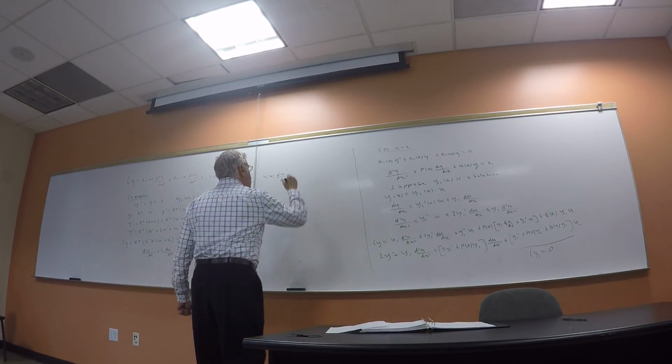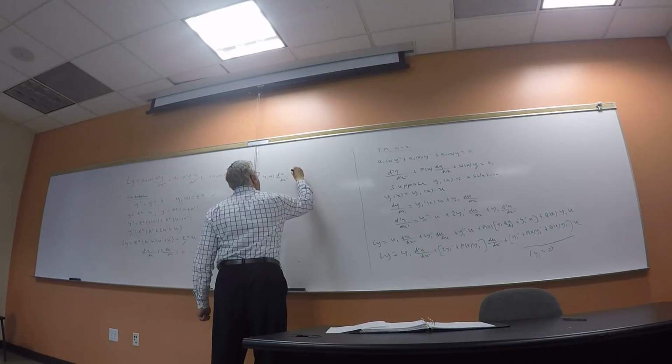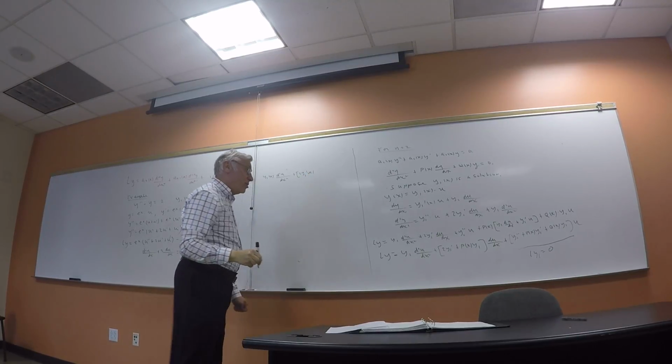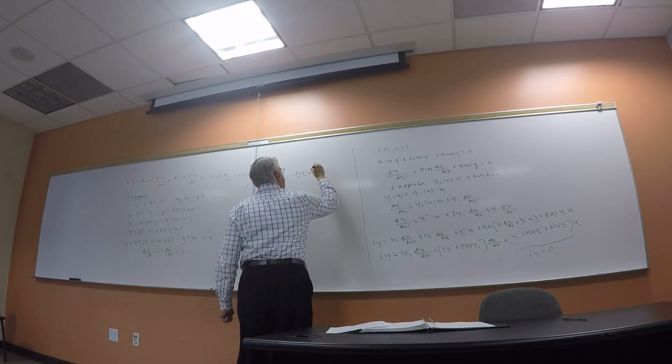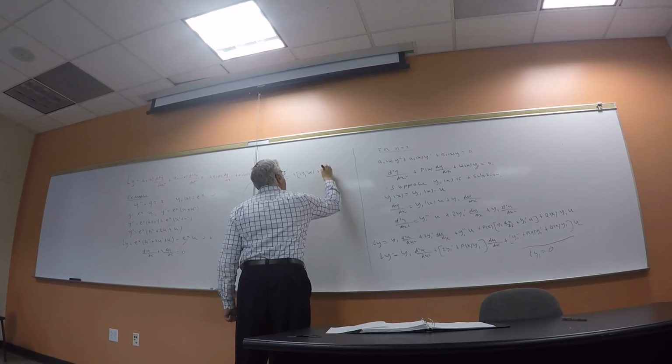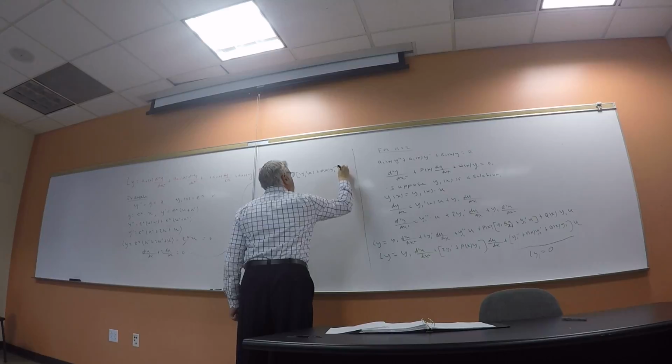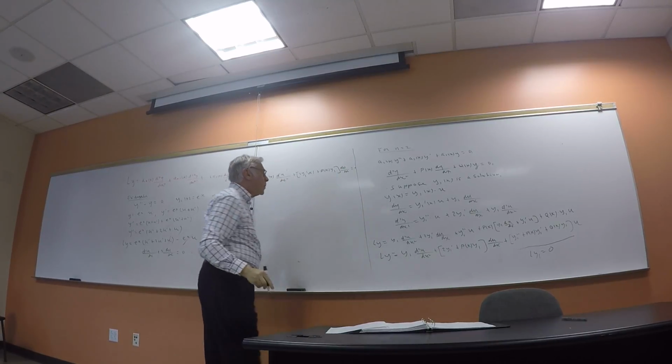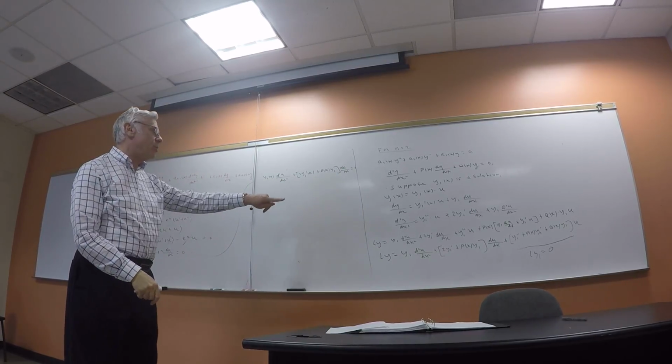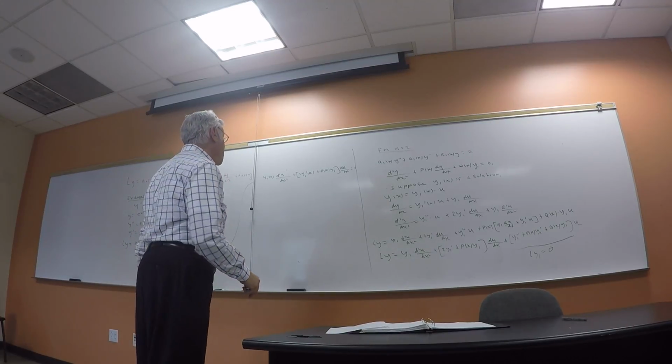And then I have this combination over here, 2y1 prime of x plus p of x y1 times du dx equals 0.